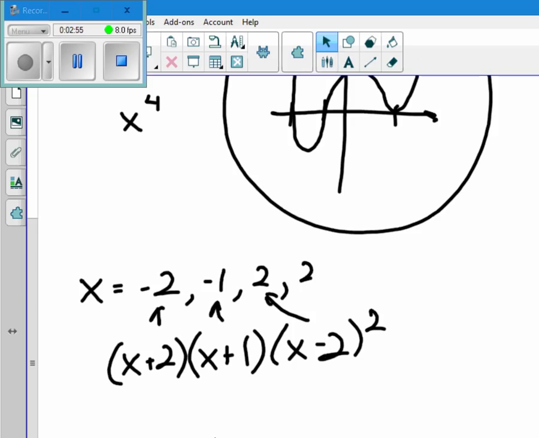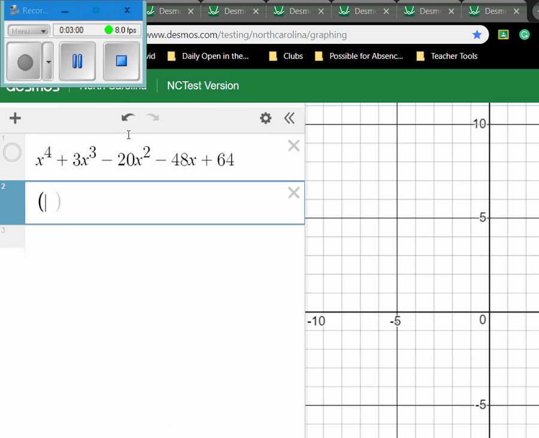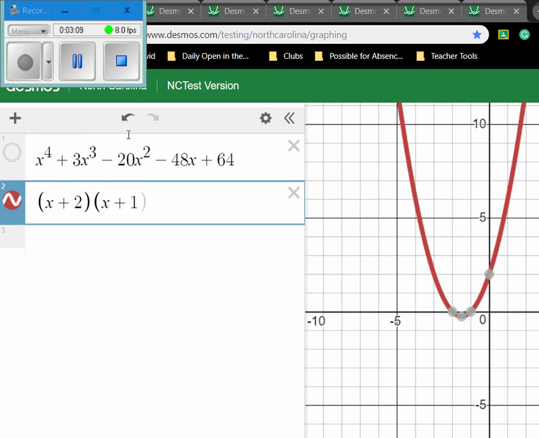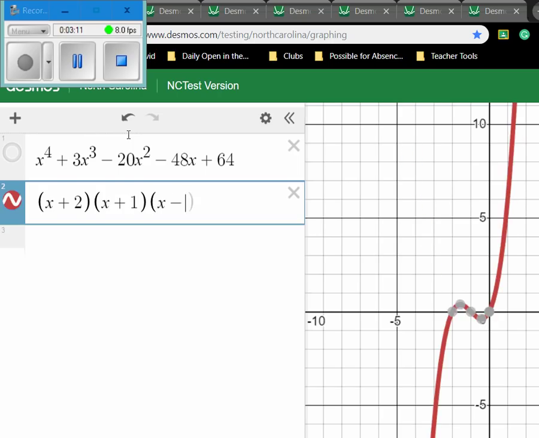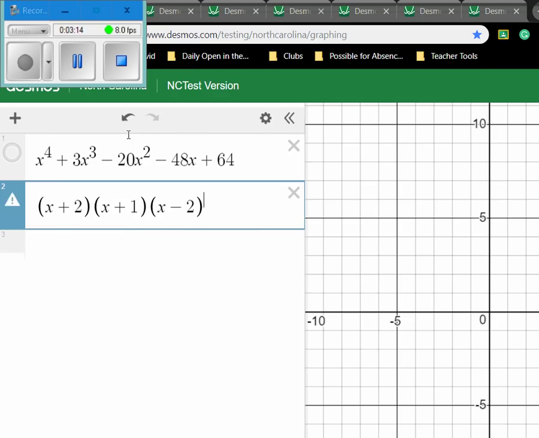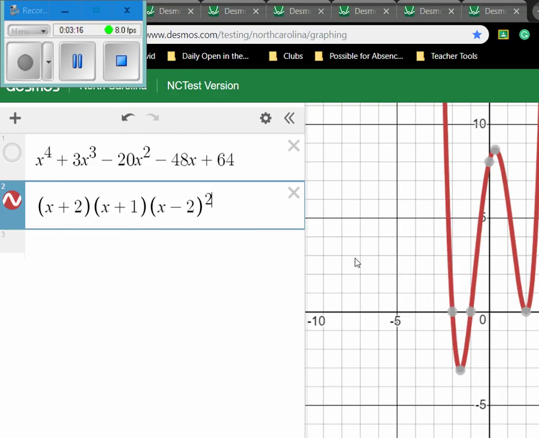So if I go into a graph and graph these different factors, just as we had them written, then we get, overall, the graph that we said that we were going to get. It looks somewhat, and as it turns out, I didn't even have to scale this one.